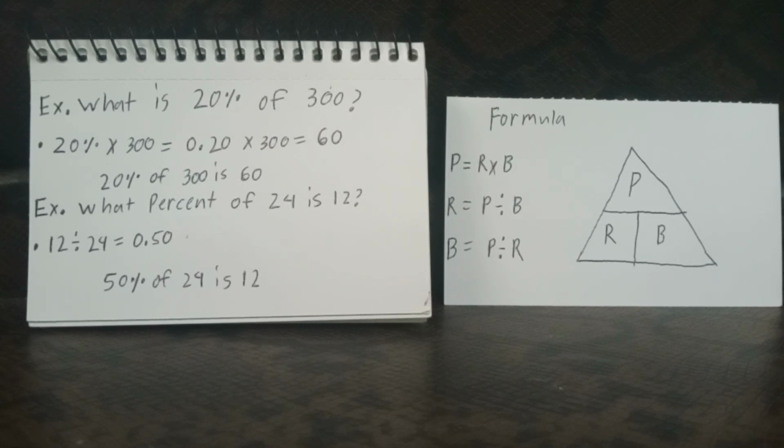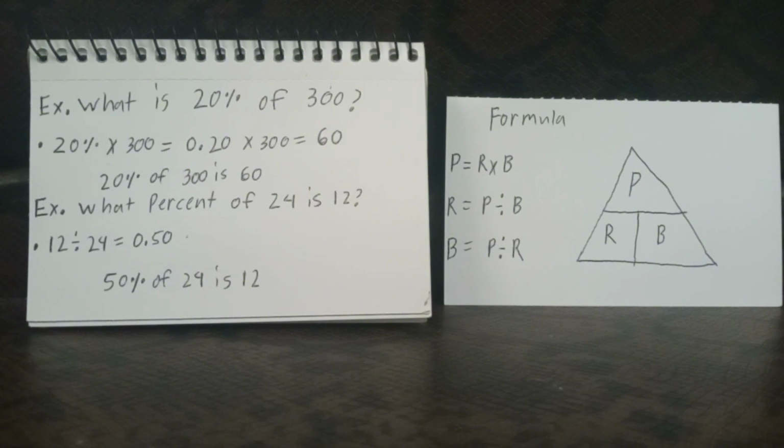And our second example is, what percent of 24 is 12? As you can see, we have the word "of" again, "of 24." So 24 will be our base. And we can also see "is 12." When the word "is" is there, we know that's the percentage. So what are we trying to find? The rate. So let's look at our formula. How can we find the rate?